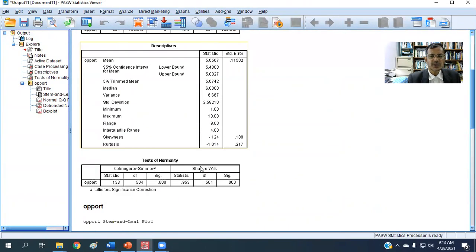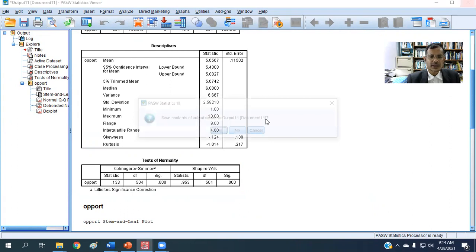Now, the output is that in the tests of normality, the Kolmogorov-Smirnov test says it is not normal. The Shapiro-Wilk test is also not normal. So we consider that this variable is not normally distributed. So we cannot, in principle, perform one-way analysis of variance.